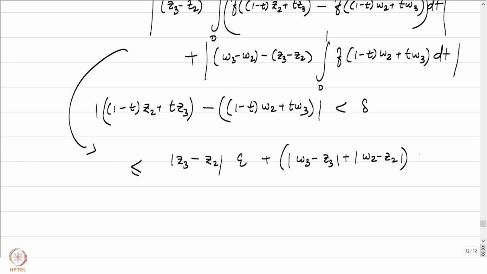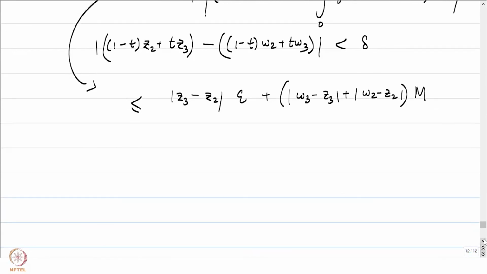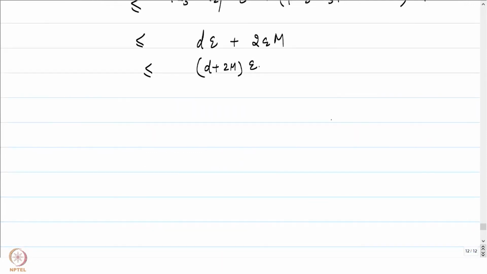So in particular, this is going to be less than m. z3 minus z2 is bounded by the diameter of T, which was captured to be d times epsilon, and w3 minus z3 was less than delta, which in particular is less than epsilon. So this is less than 2 epsilon m, and hence this is less than or equal to d plus 2m times epsilon. Let's now focus on what happens on the other two sides.